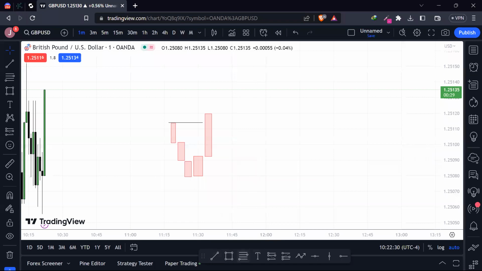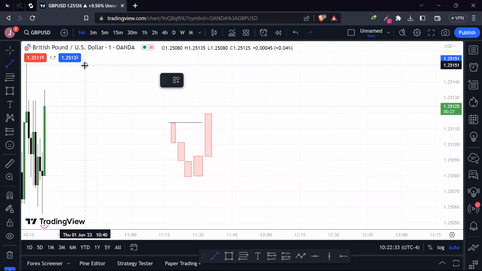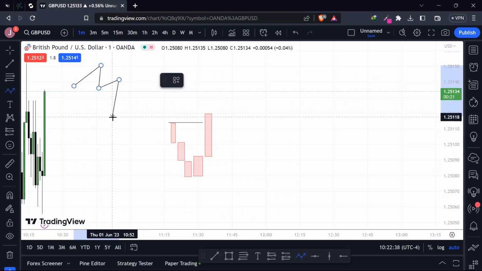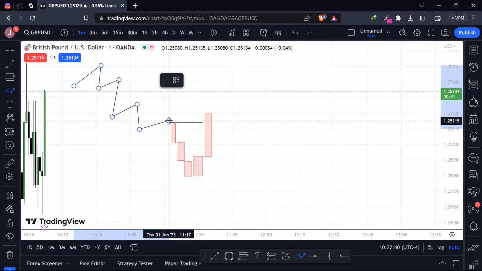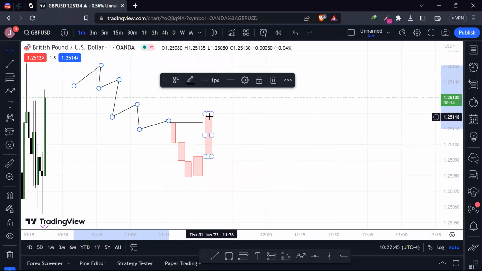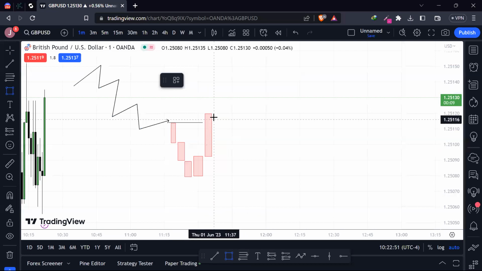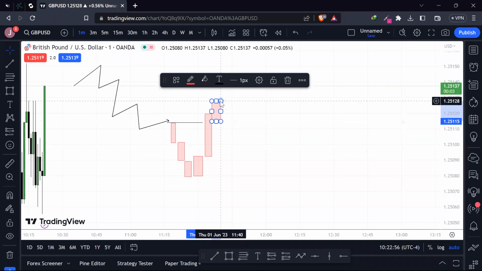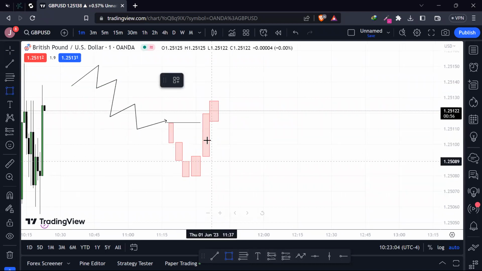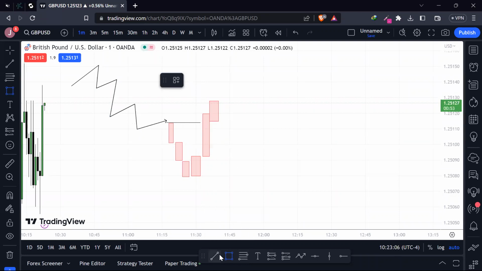So imagine the market was going like this, all the way down, and comes back here. So here's the swing high, and this displacement candle takes out the swing high, and it creates one more candle after that, with a wick.